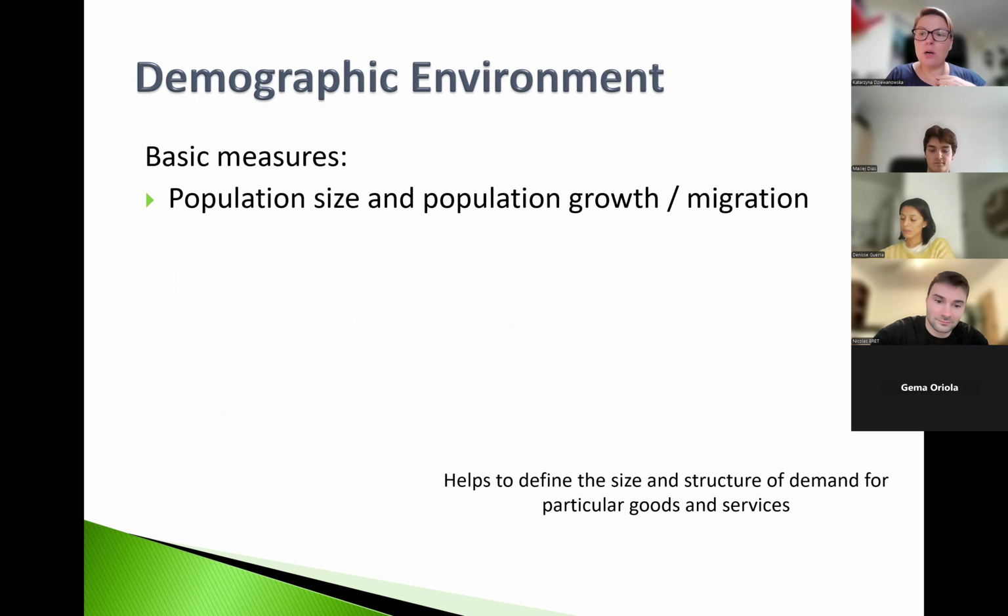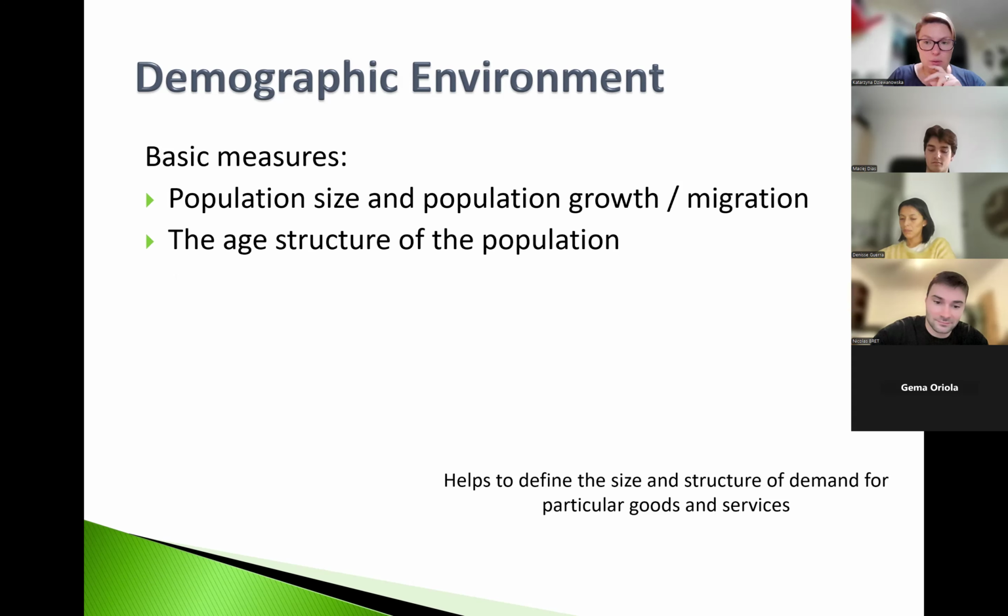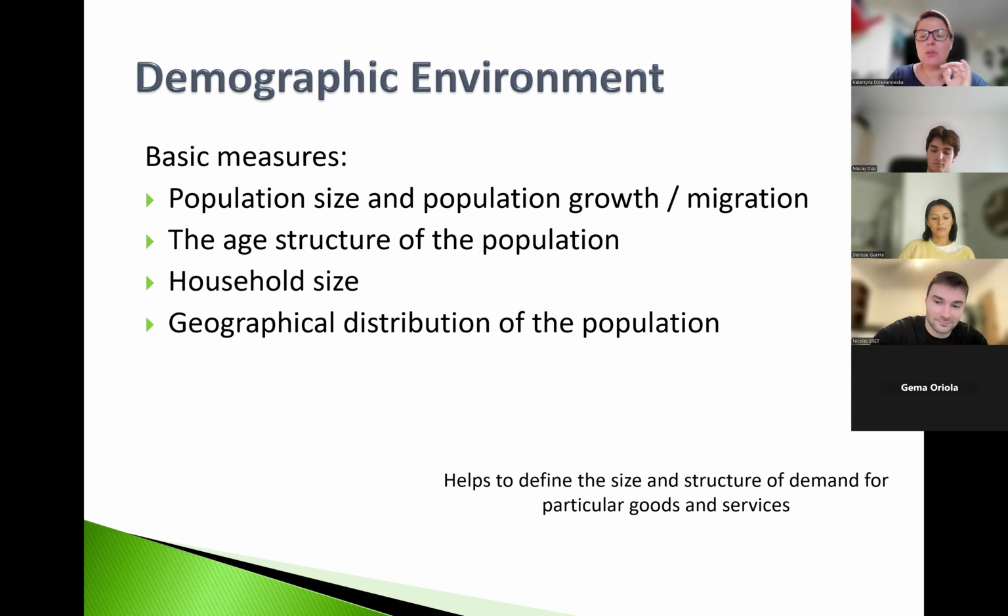So what you want to know really is how big the population is and how quickly it grows. What is the age structure of your population? Because no matter what you say, even if you think that your product is for everyone, it's never so. There are always groups of people that will like it more, right? So knowing the age structure is important. Household size, geographical distribution of the population.